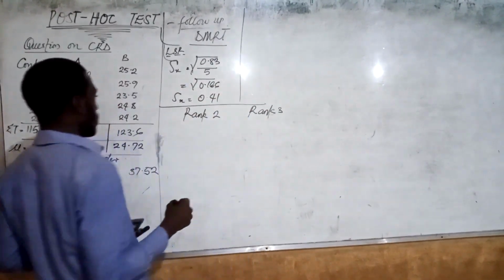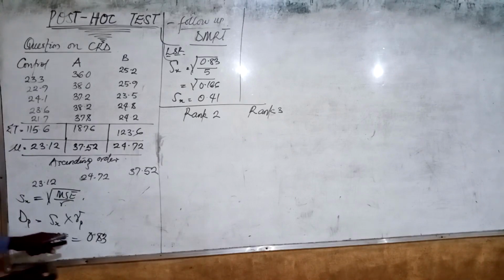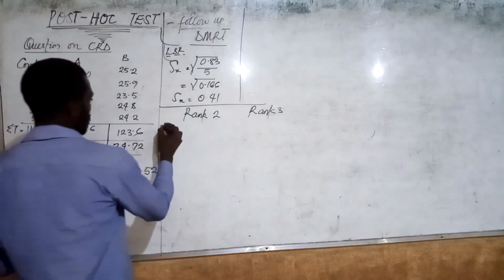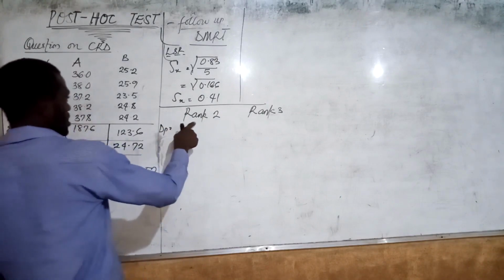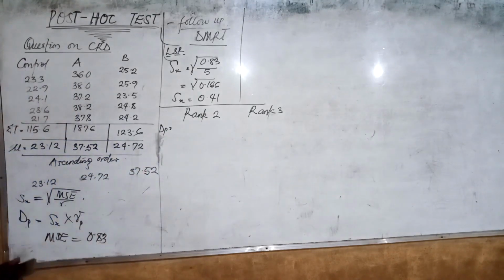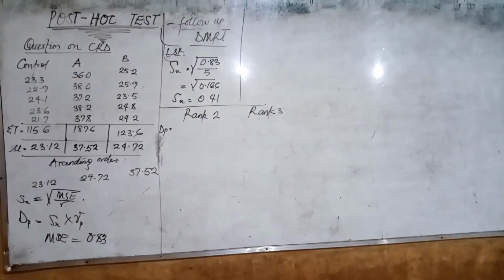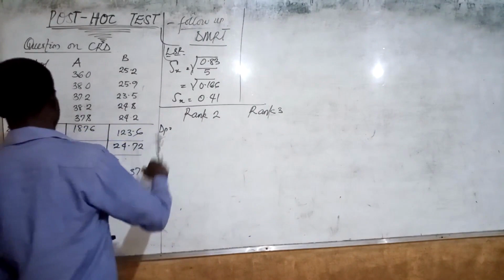So now, if we rank in the first case, we are going to have their DP values. Let's calculate their DP values first. For the one in rank 2, we said that we're going to be calculating the DP values.